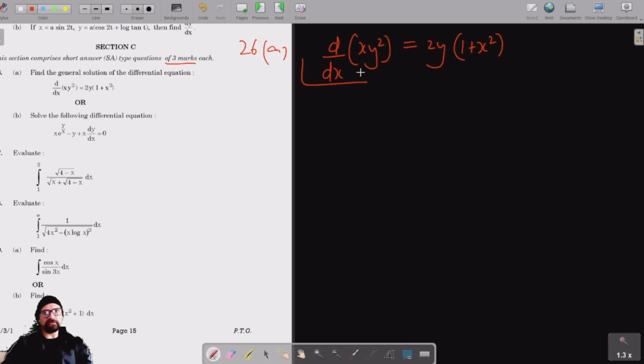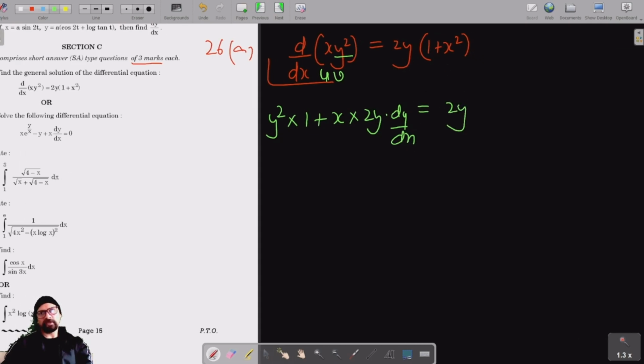So this is yet to be differentiated. Let's differentiate this using the product rule. The product rule says it's the second function into differentiation of first, which is 1, plus first function into differentiation of y square, which is 2y into dy by dx.